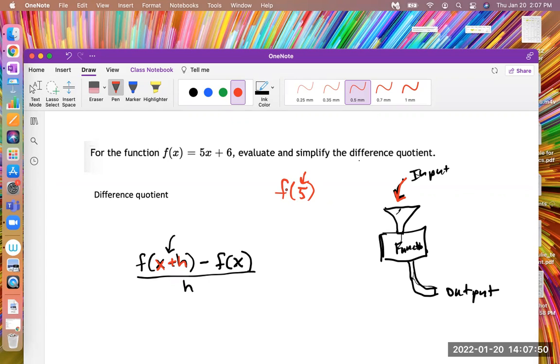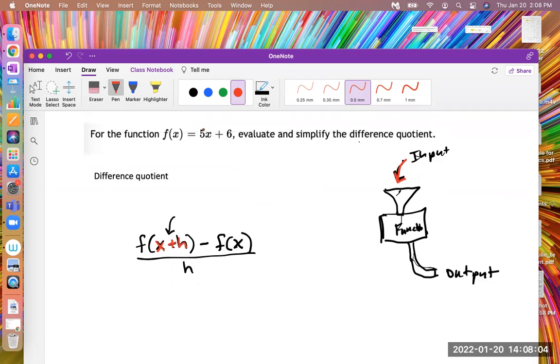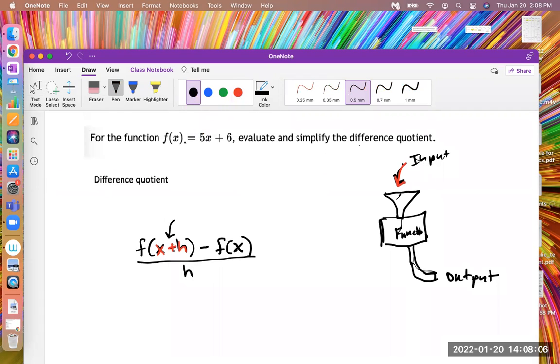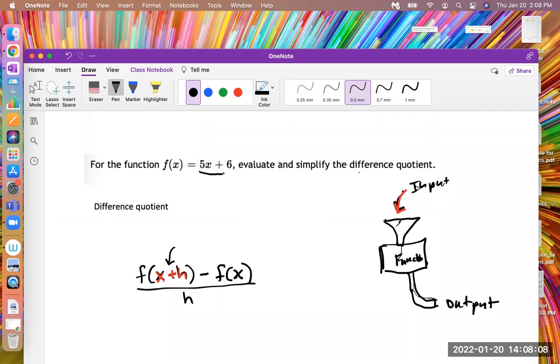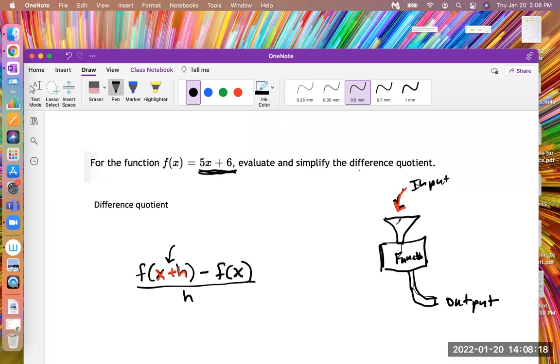Here, we're plugging in another algebraic expression, but substitution is substitution, so it's not a lot different. We're still going to write out this side of the equation, just replacing the x with whatever the input is, in this case x plus h.